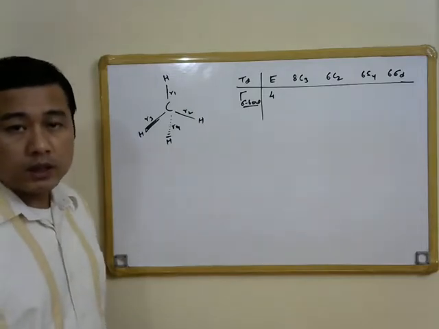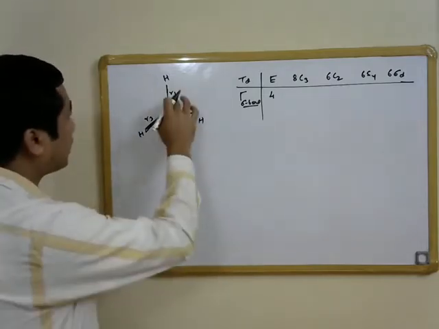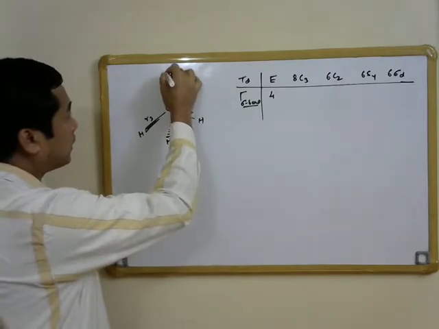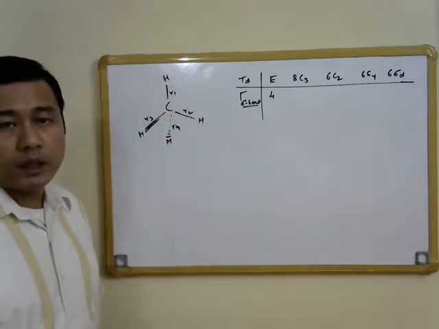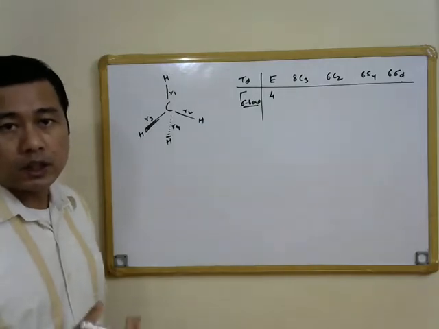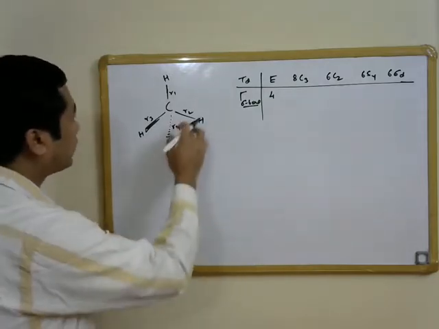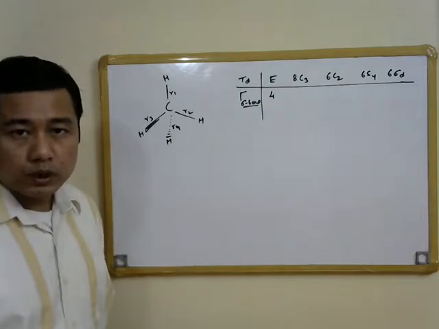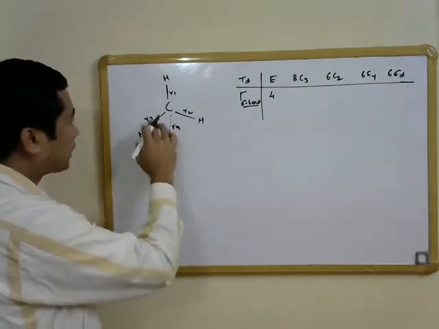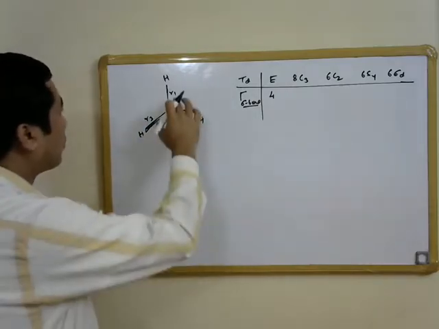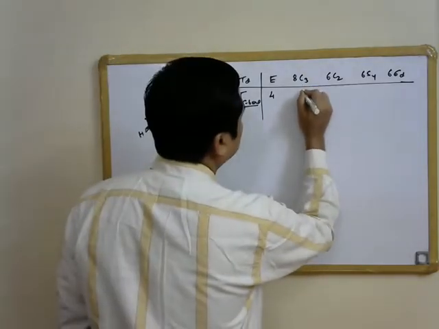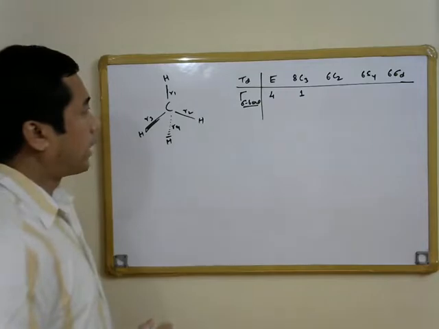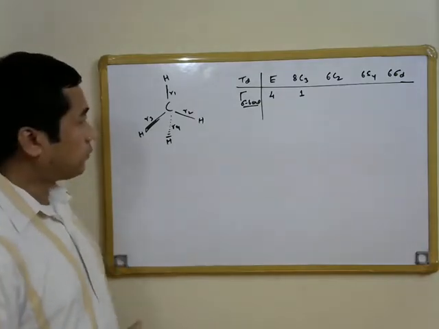If the C3 axis passes through this hydrogen and this carbon atom, then the R1 bond vector is not going to change direction or position, while R2, R3 and R4 change position. So these contribute 0, while R1 contributes +1. The total character for C3 operation is equal to 1.